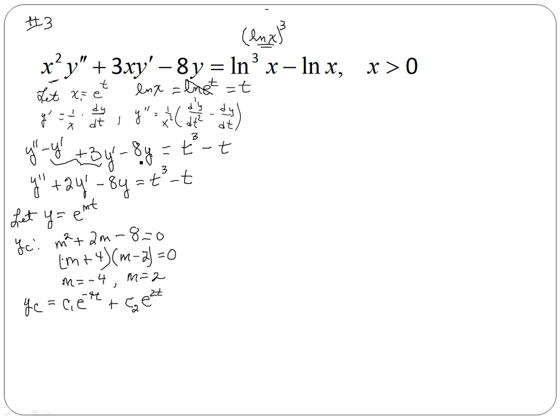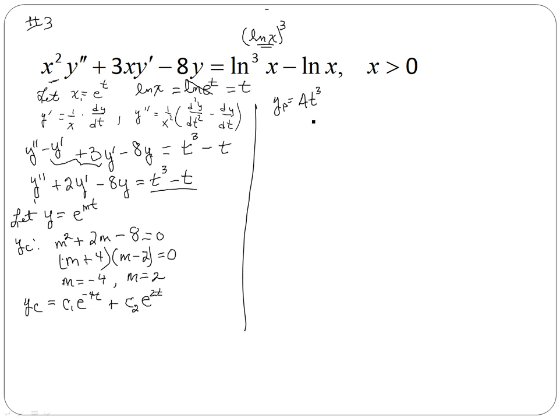Okay. Now what we want to do is find the particular solution that will cancel out this t to the third minus t. And because that's polynomial in form, we can use the method of undetermined coefficients.